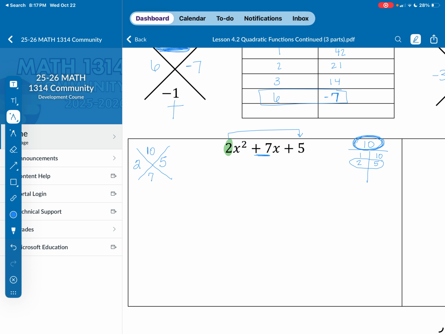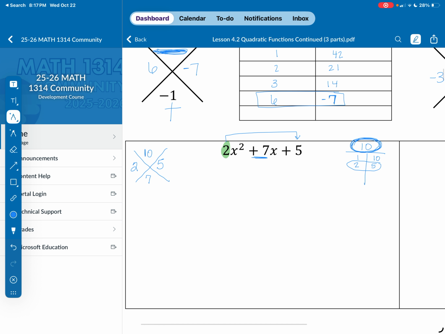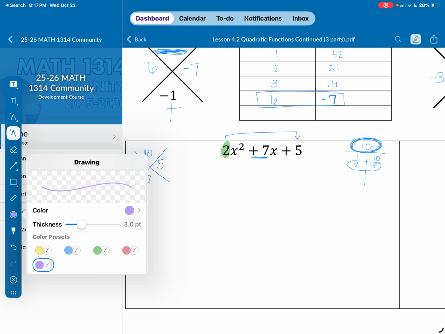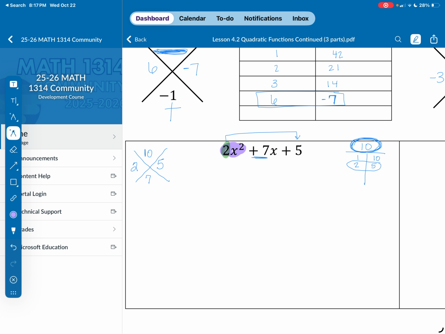Okay? Now, here's how we do the factor by grouping. We're going to bring our A term. I'm actually going to highlight it. So I'm going to bring my first term down. So I get 2x squared. That's where that came from. Okay?